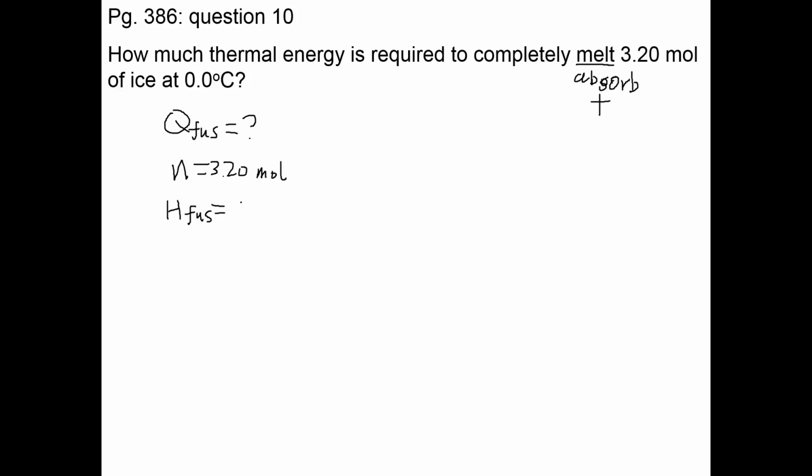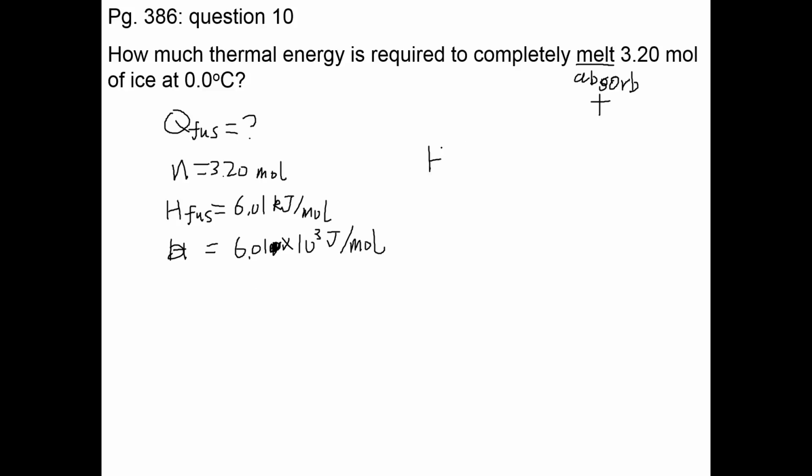Heat of fusion, we know it's 6.01 kilojoules per mole. Convert to the right unit, of course. Heat of fusion is 6,010 if you want, I'm not going to do that, 6.01 times 10 to the 3 joules per mole. That's the unit we want to use it in. So that is heat of fusion.